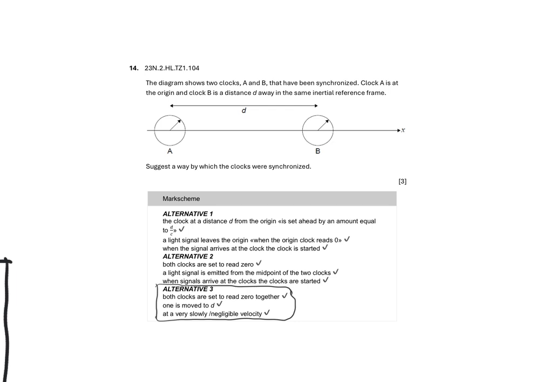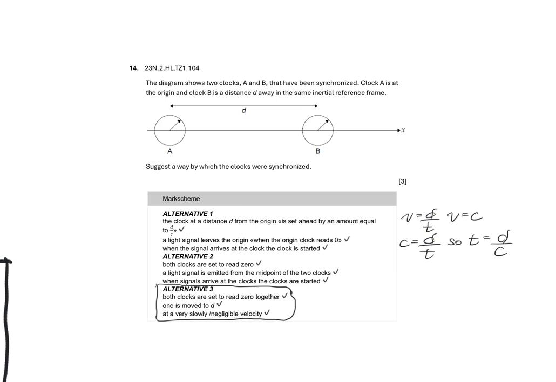Then alternative 2: both clocks are set to read 0, and then a light signal starts from the center between them, and it hits them at the same time, and they start at the same time. That's a good way of doing it. But I kind of like the first option. It says clock at a distance d from the origin is set ahead equal to d over c.